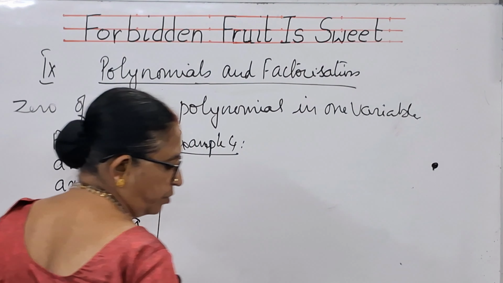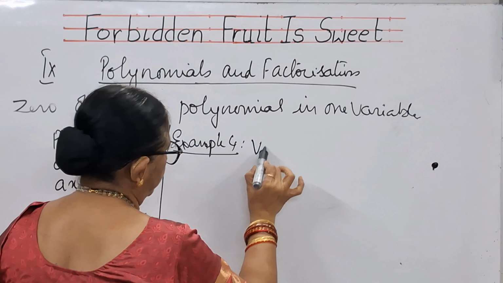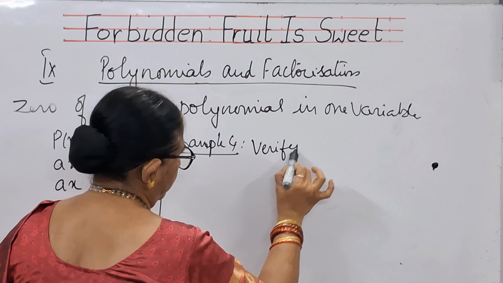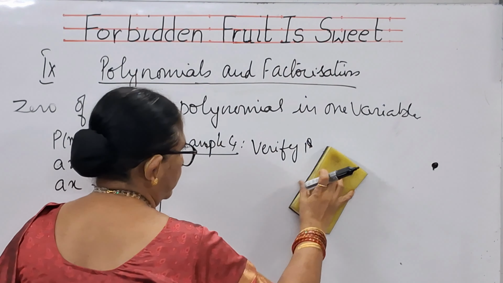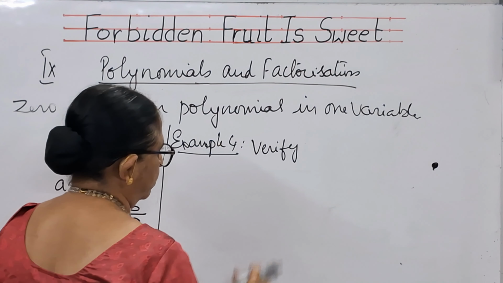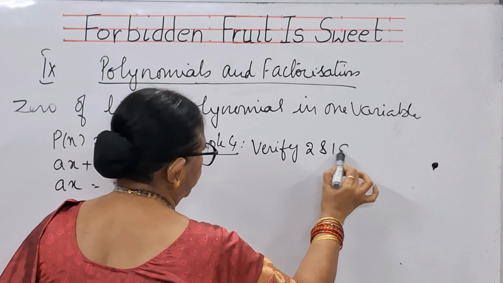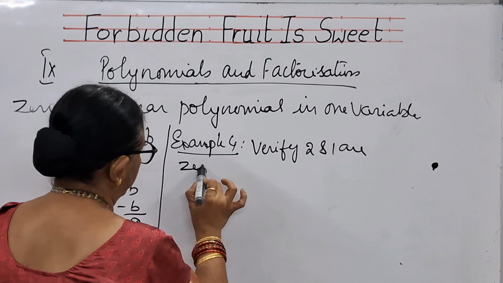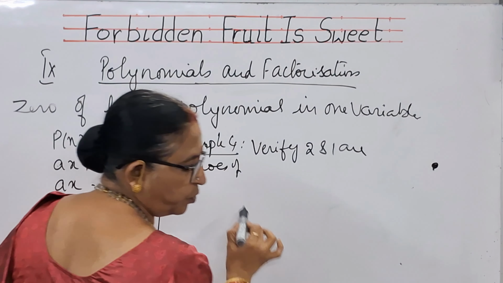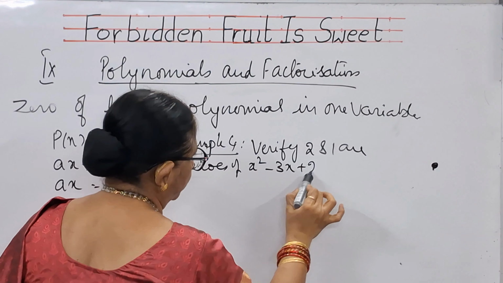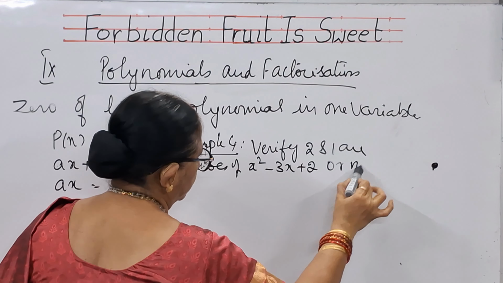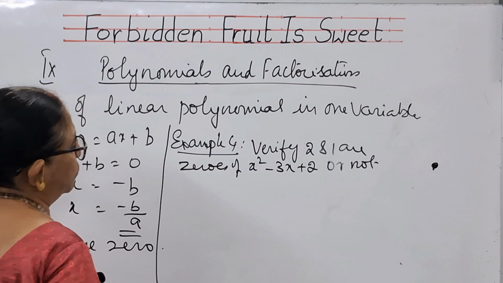In example 4, verify 2 and 1 are zeros of x square minus 3x plus 2 or not. Zeros means what, children?